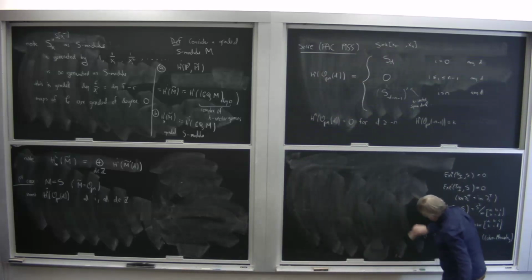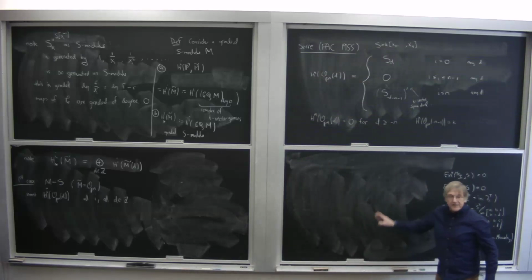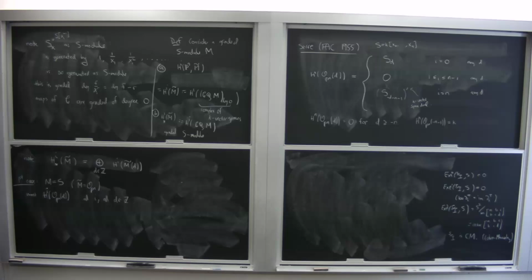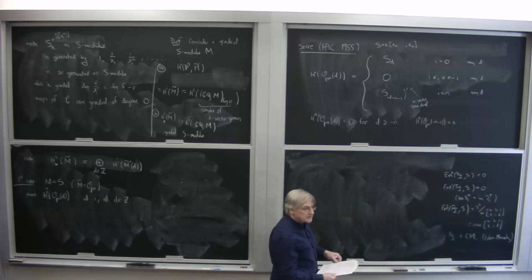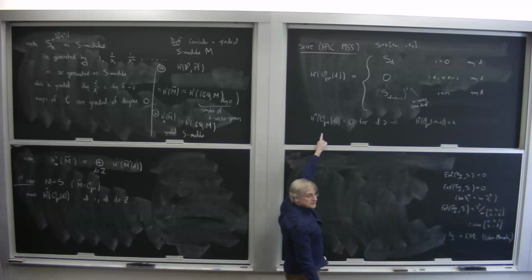If you don't mind this definition, and we have to be careful about what the signs are in the definition, but it almost doesn't matter as long as it's a complex, then you have a definition and now we can start computing these things. These things are all vector spaces.